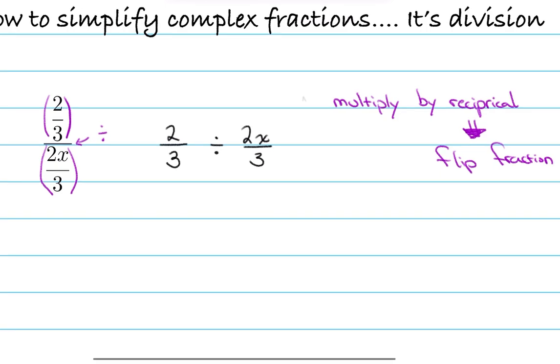Again, this is why math can be easier if you say things out loud. This is 2/3 divided by 2x over 3, or 2x thirds, okay? So because I said divided by, this is the fraction that's going to be flipped. When you say parts out loud, that can help you with what you're going to flip and what you're not going to flip.